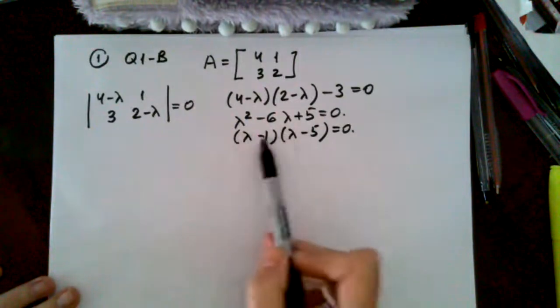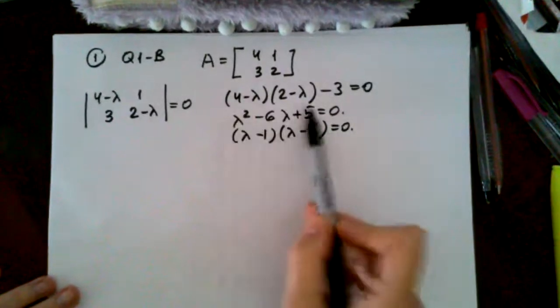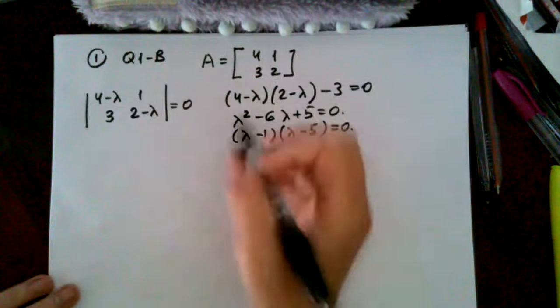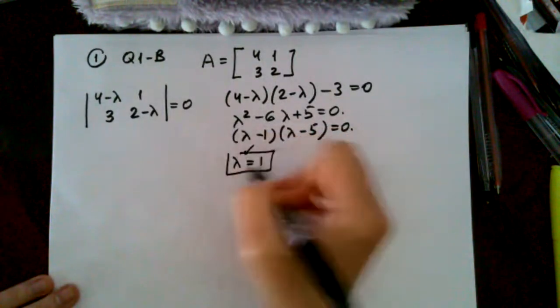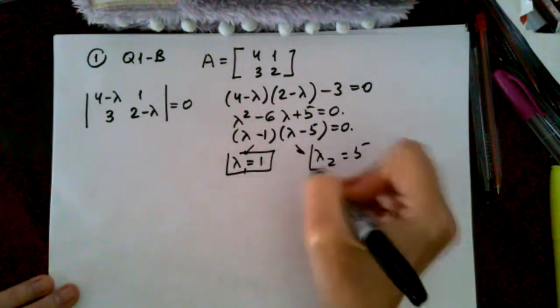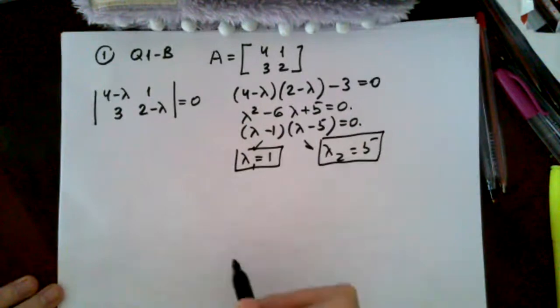If you multiply this out again, you will end up with this equation, which is the indication that the roots are absolutely correct. So the first root is 1, lambda 1 is 1, and the second root of this equation is 5. So we did find these eigenvalues, nothing fancy.